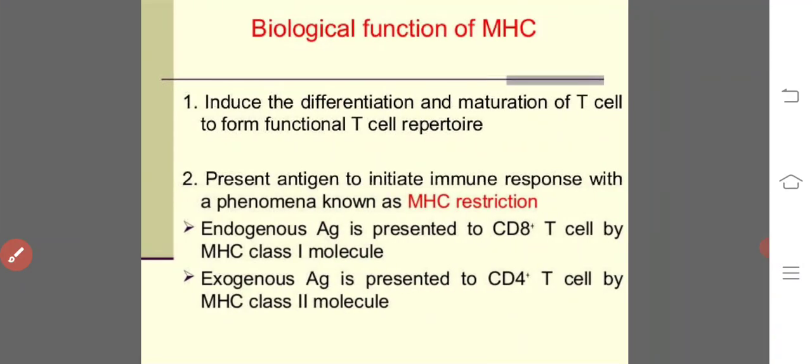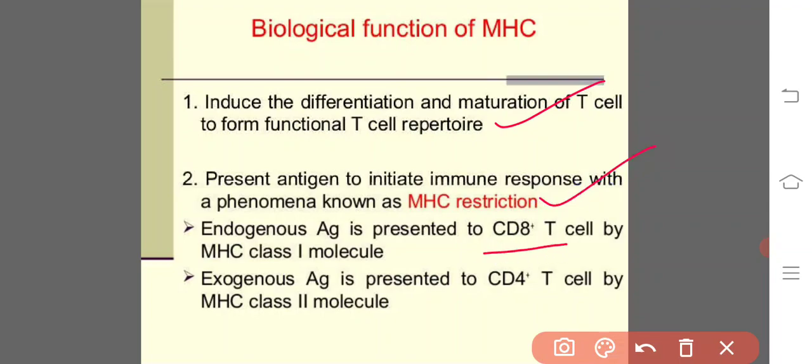And biological functions of the MHC include the differentiation and maturation of T cells to form the functional T cell repertoire, and presenting antigen to initiate an immune response with a phenomenon known as MHC restriction. That is, endogenous antigen is presented to CD8 T cells by the MHC class I molecule.